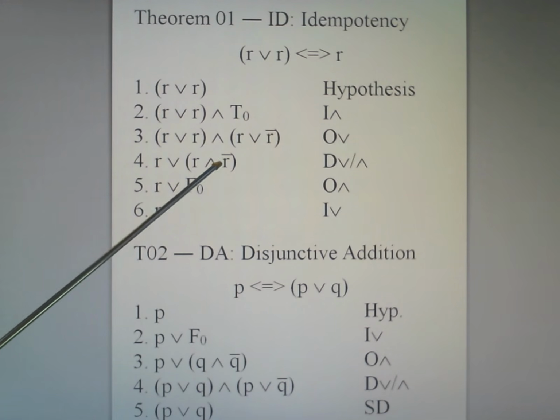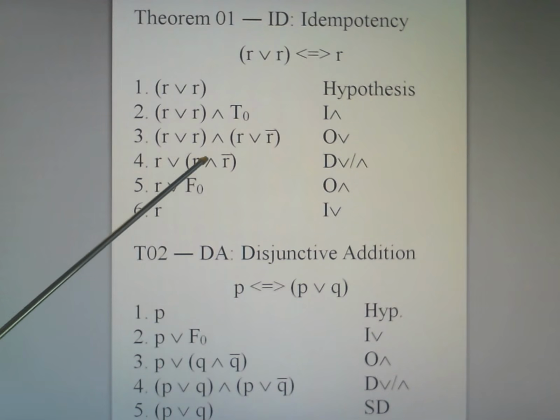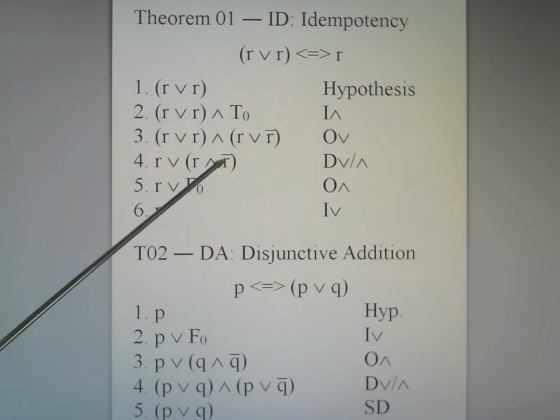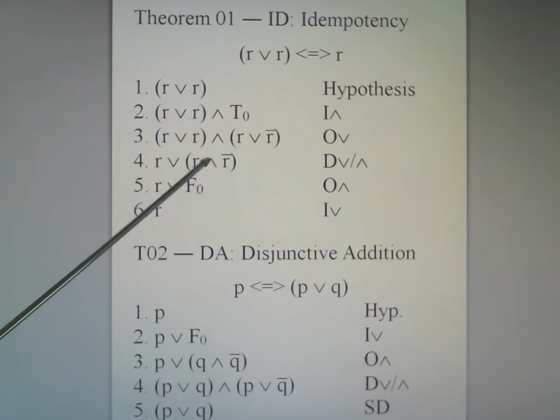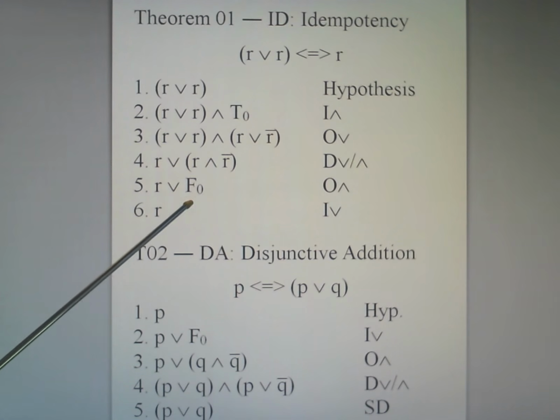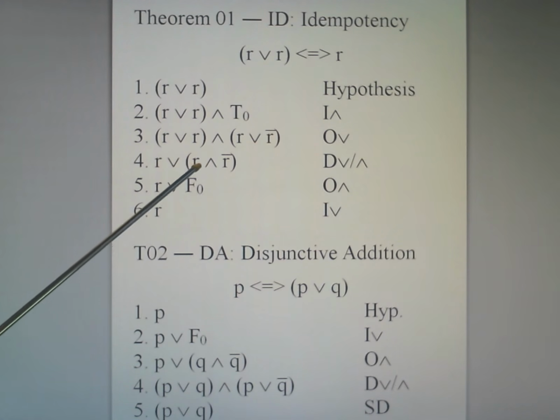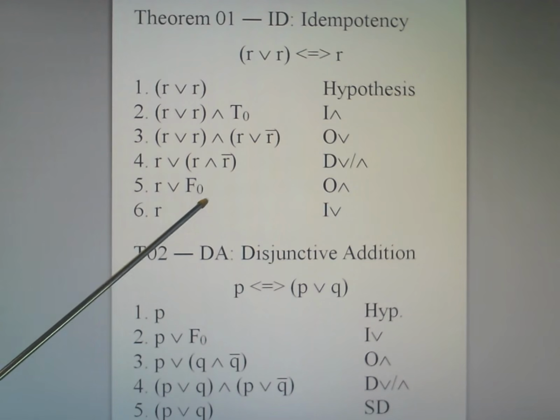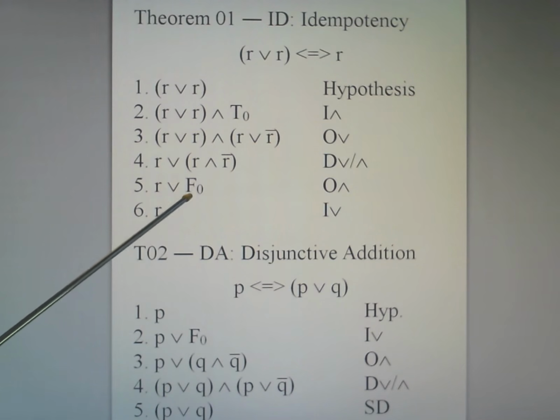Next, of course, we notice that this particular expression, R and not R, is a contradiction. Basically we're combining opposites with and, which is always the same thing as the contradiction. And so we can replace this specific contradiction with a symbol for any contradiction whatsoever, and line 5 will be equivalent to line 4.